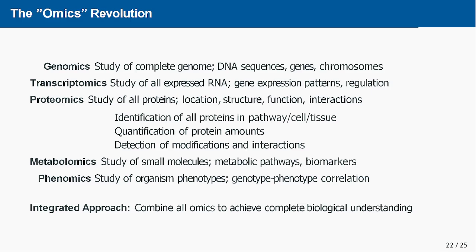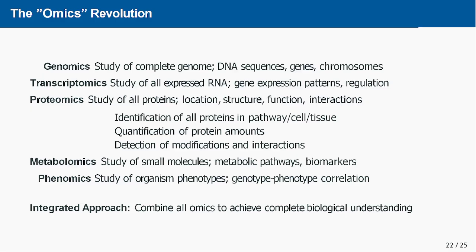Now some omics revolution. Genomics means the study of the complete gene, DNA sequence, genes and chromosomes. Transcriptomics is the study of all expressed RNA, gene expression patterns and regulation. Proteomics means the study of all proteins, their locations, protein structures, functions and interactions, and it gives rise to the identification of all proteins in a pathway, cell and tissue.